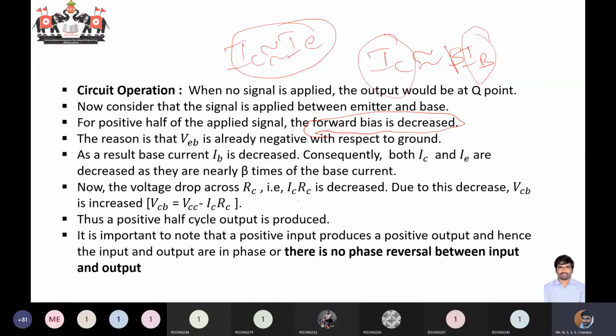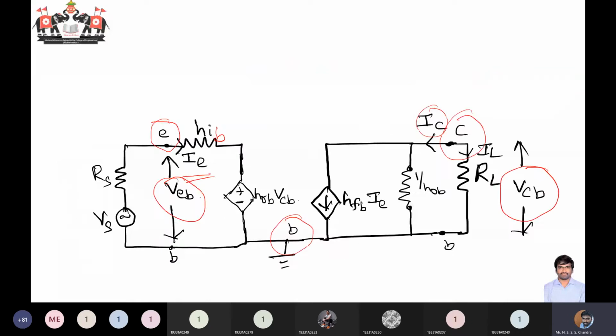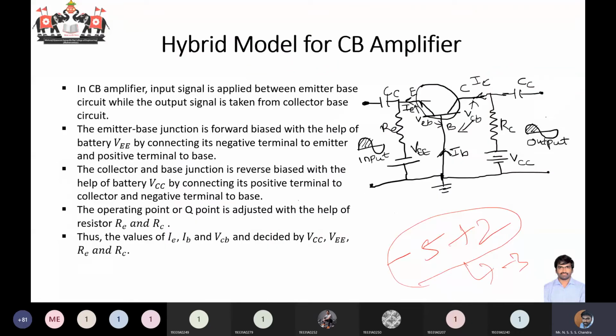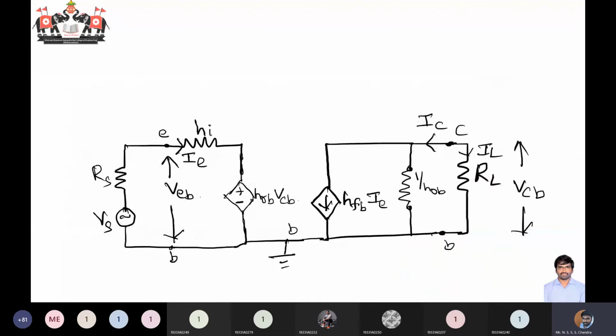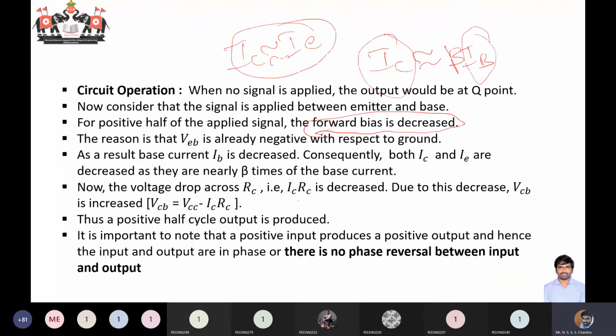And also coming to the voltage drop across your RC. So what is RC? Let us go back and see. It's the voltage drop across your load terminals. So this is VCB. Your voltage drop across your RC is also decreased. Why is it decreased?